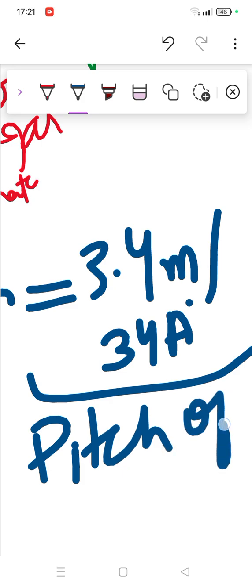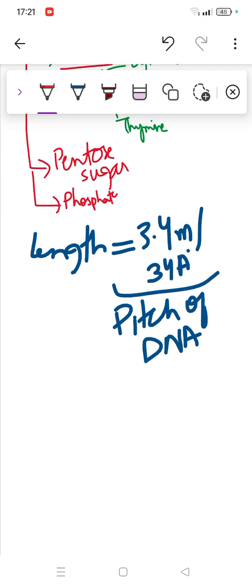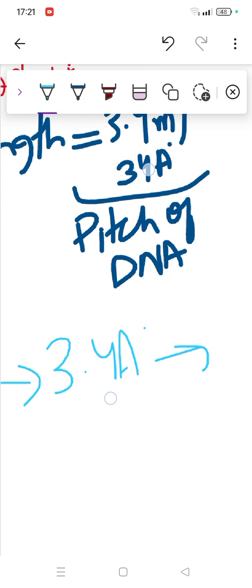So here we are going to start our today's topic. You might get this question in your mind: if DNA is literally 3.4 angstrom long, how does it remain in our chromosome? So let me explain the packaging now.